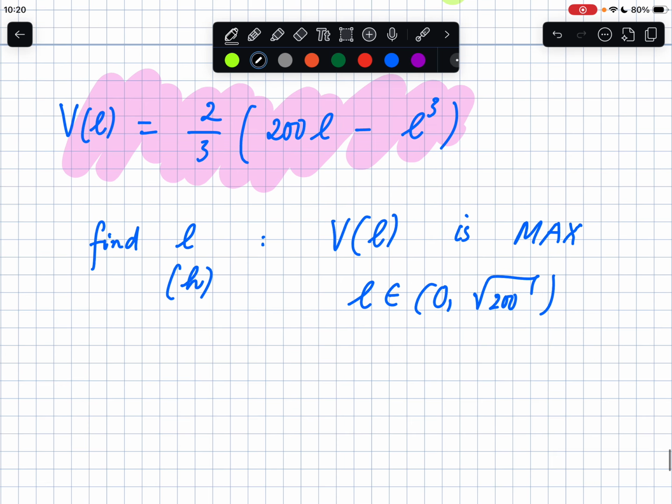Compute the derivative: V prime equals 2 over 3 times (200 minus 3 length squared).